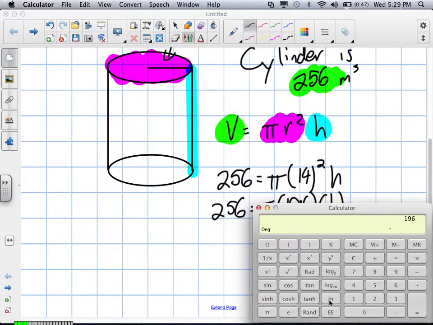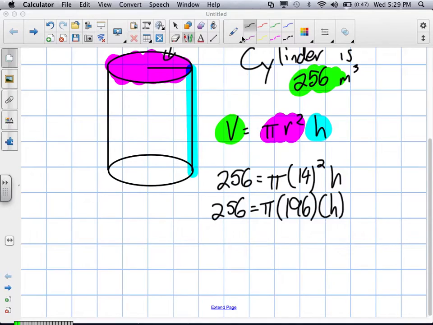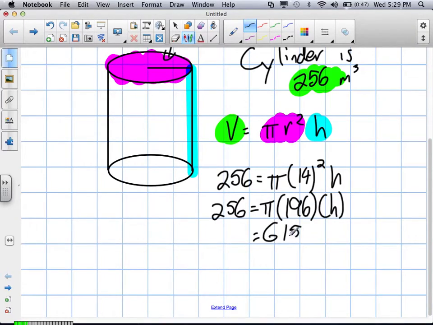Multiplied by pi, that equals 615.75, so 615.75 times the height. 256 equals that. What's going to happen is we're going to have a very, very small cylinder with a very large face.